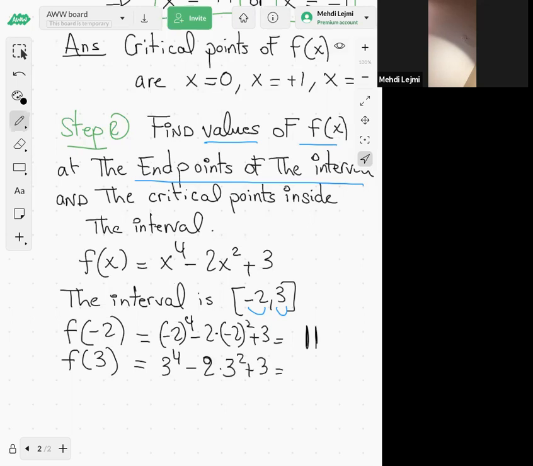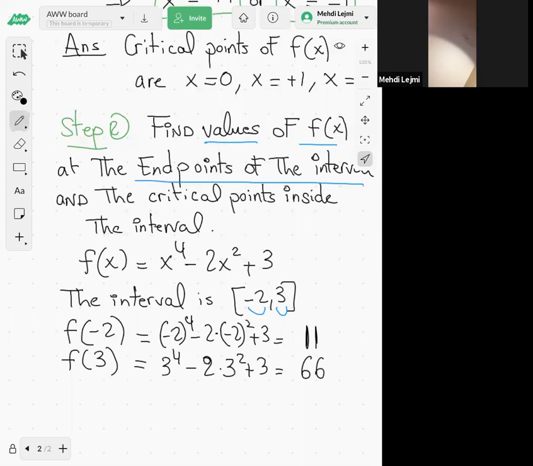So 3 to the fourth, that will be 81. 81 minus, so 3 squared is 9, 9 times 2 is 18. All right. So 81 minus 18 is 63, plus 3 is 66, right?